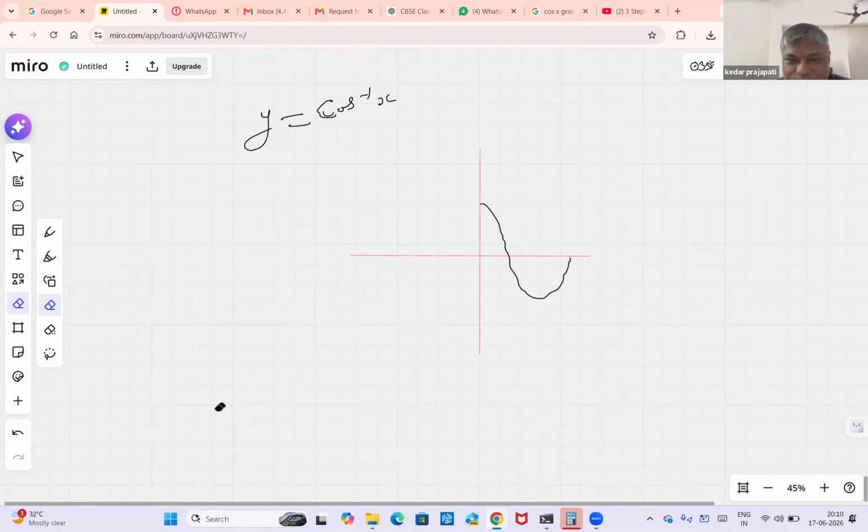Why we are not taking this? Because if you draw a straight line here, this straight line will cut the graph in two places. So this point you cannot select. We have to have a shape of the graph which will be only like this. Something like this is there. Until here.